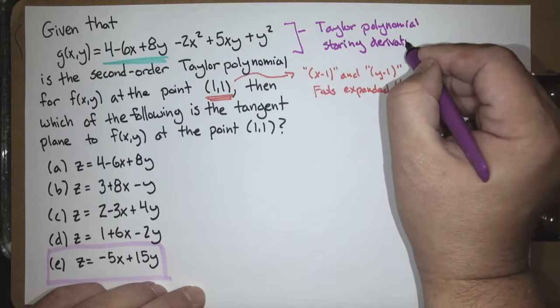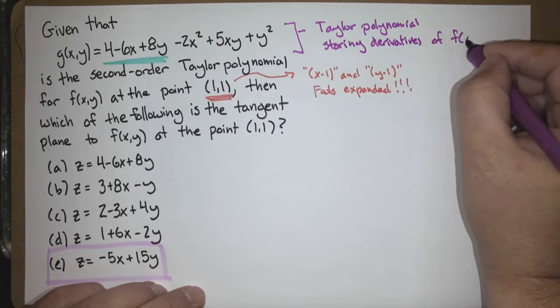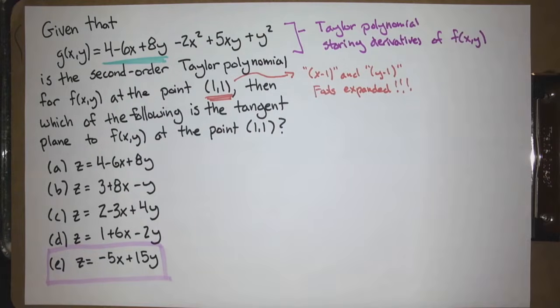So think back, even in Calc 1, we said a tangent line says what? If I know the value of the function and the value of the derivative, I have the tangent line, but also vice versa. If I have the tangent line, I can tell you what the derivative is and what the value of the function is.